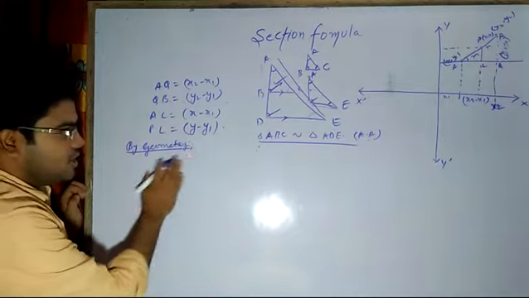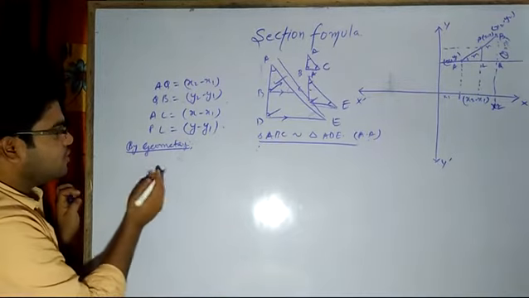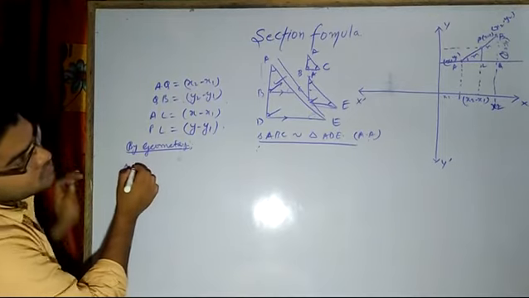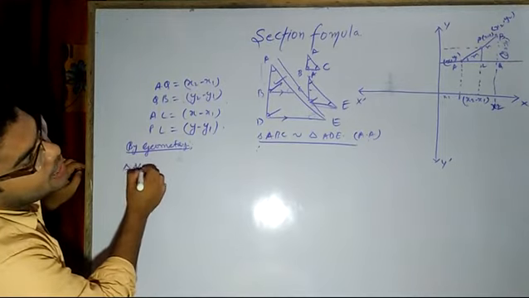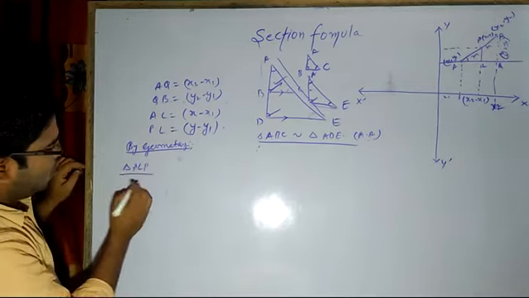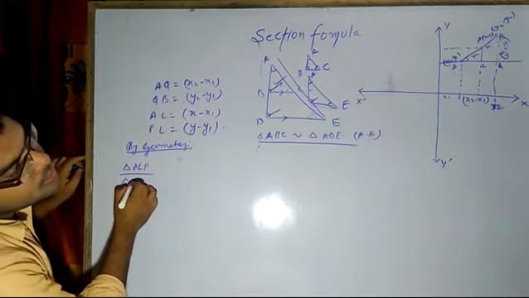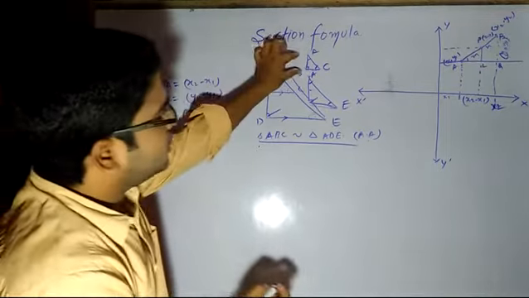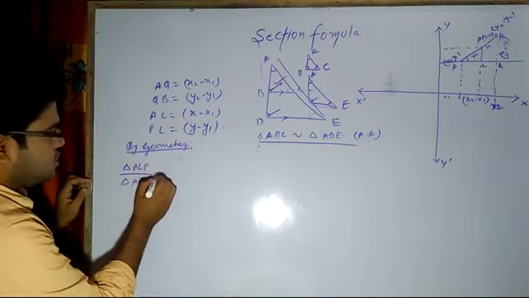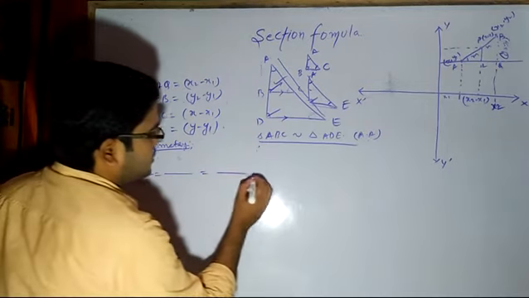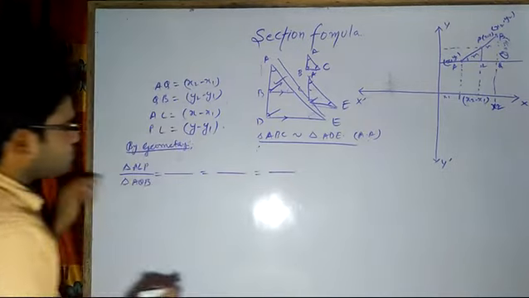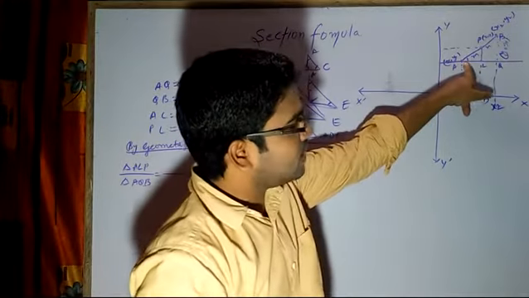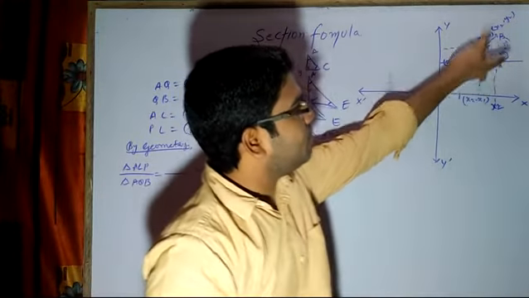So by geometry we will be writing that triangle ALP upon triangle AQB. That means the smaller triangle upon the bigger triangle is equal to their sides. ALP. If I have taken this triangle, this angle, then opposite to this we are having PL.